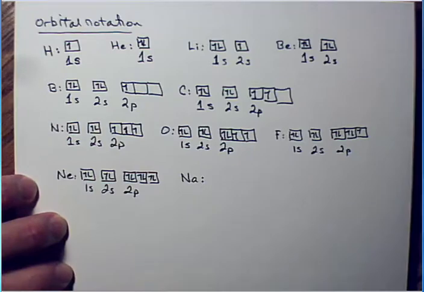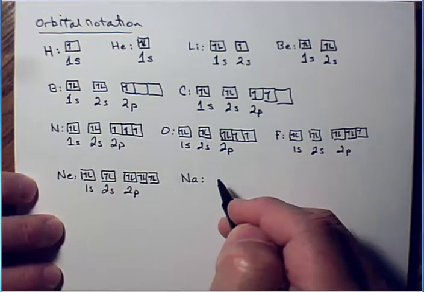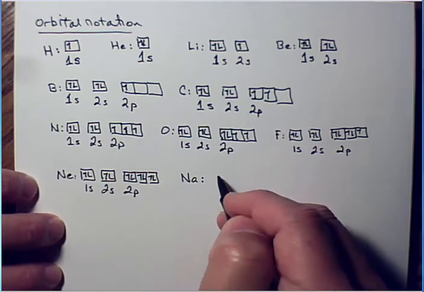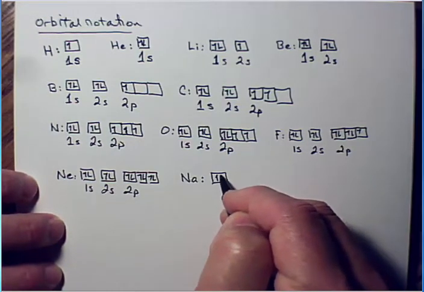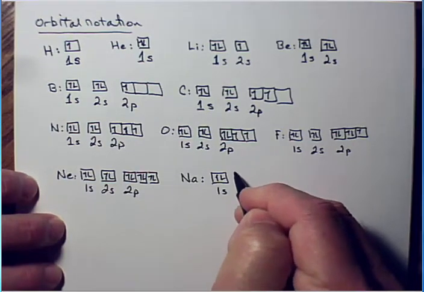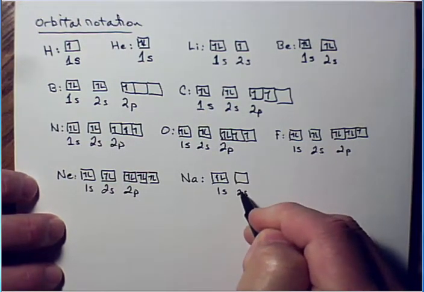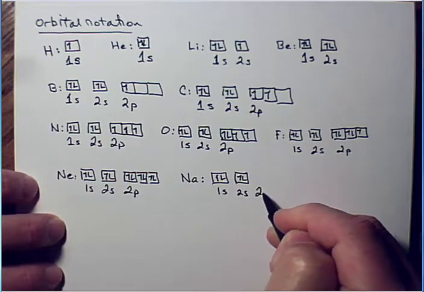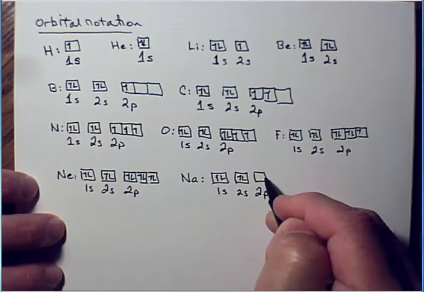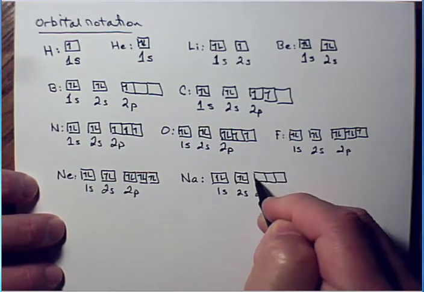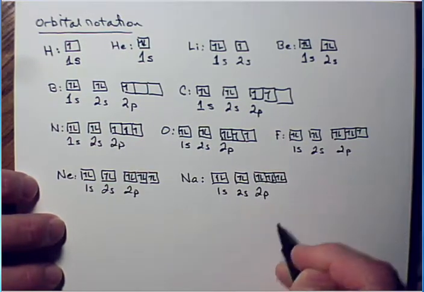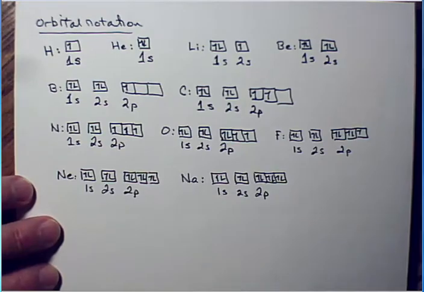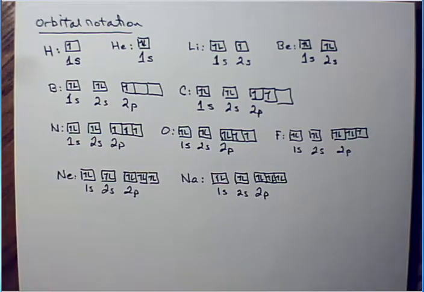So now we're going to a new primary energy level. Sodium has all the electrons that neon had. But it's got one more electron than neon has.